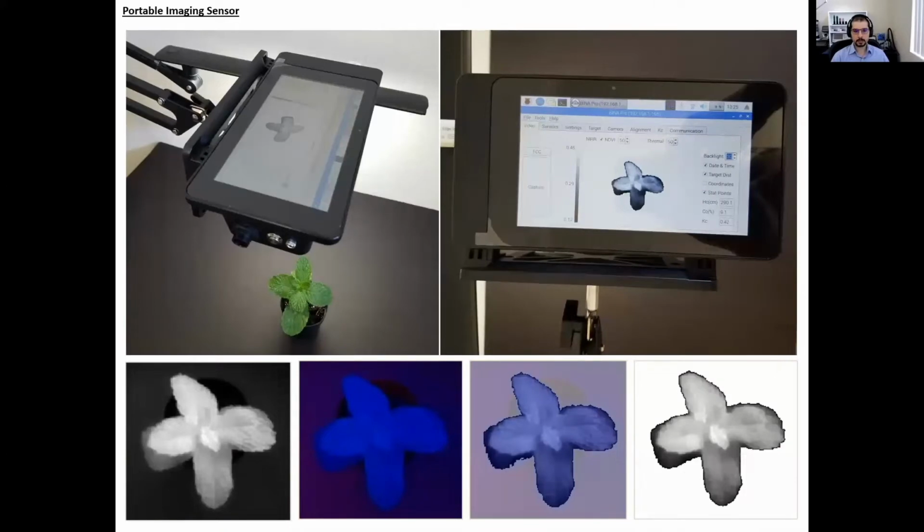This is also the imager that I've installed in the lab just for testing and demonstration. It's looking at a plant, and you can see that it's again automatically separating the leaves from the background.